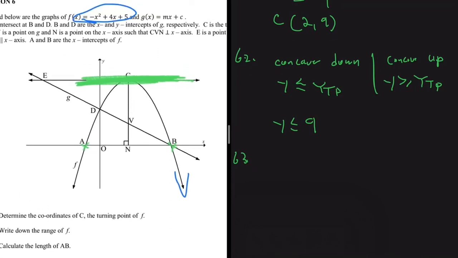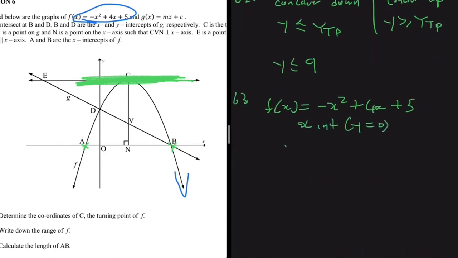So we know fully well that f of x is equals to minus x squared plus 4x plus 5, right? So we know that if you want to find the x-intercept, you equate y to 0. So we're going to have 0 is equals to minus x squared plus 4x plus 5, right?